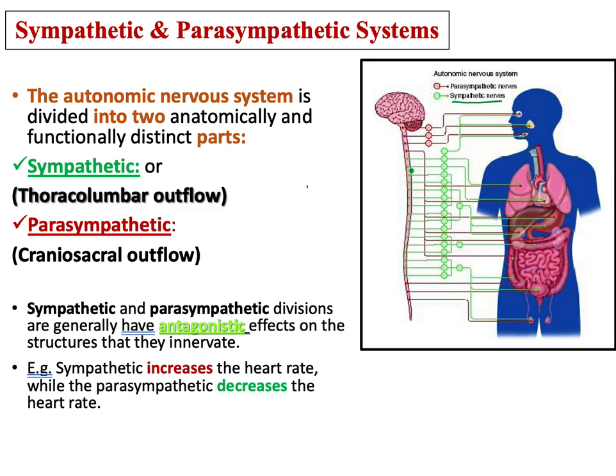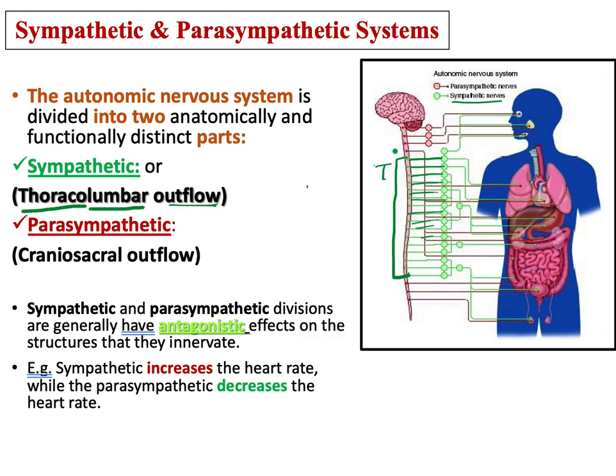It originates from fibers in the sections of the spinal cord in the thoracic and upper lumbar: all thoracic sections of the spinal cord and the first two lumbar, L1 and L2. That's why it's called thoracolumbar outflow. From the thoracic and lumbar sections of the spinal cord, the fibers of the sympathetic system come out, right?